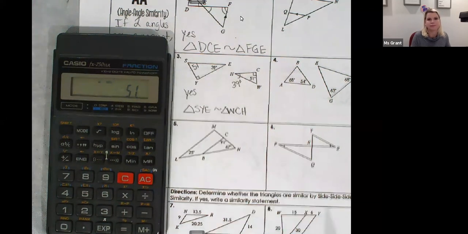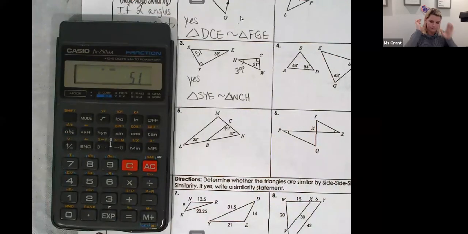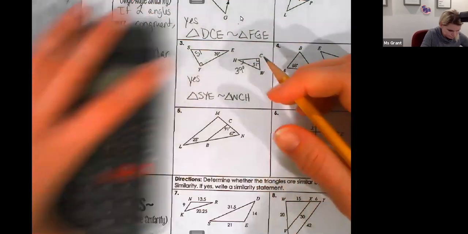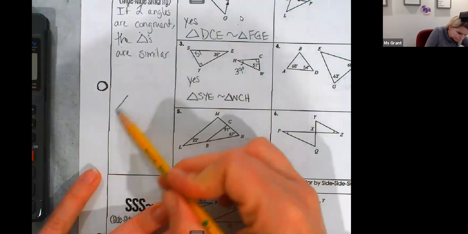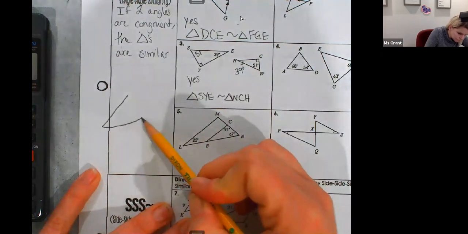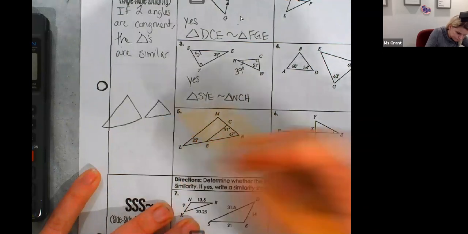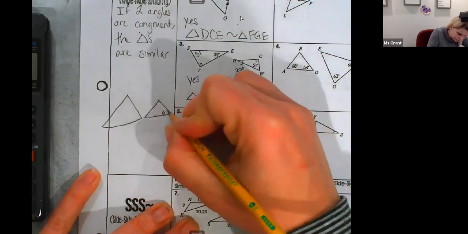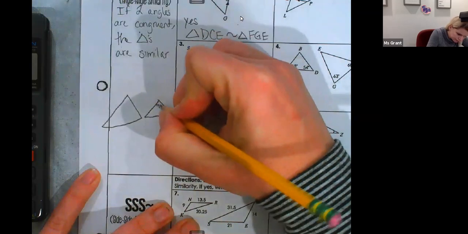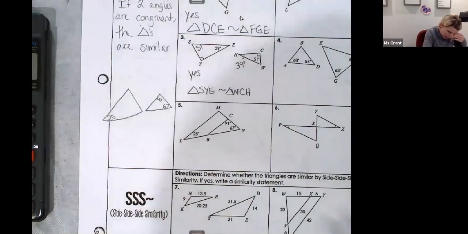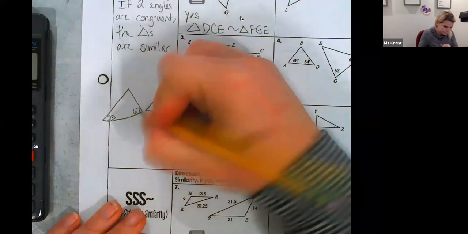I'm going to do number 5. Okay. These two triangles, I'm going to separate them out because that's what I like to do. 67, 91, and missing. 25, 67.